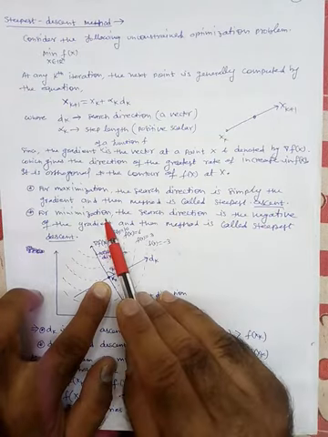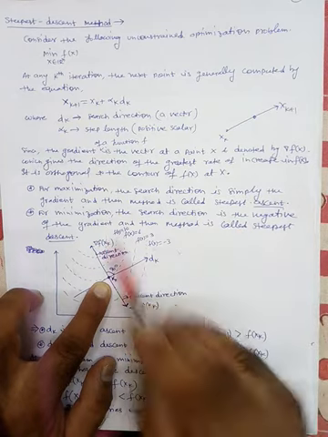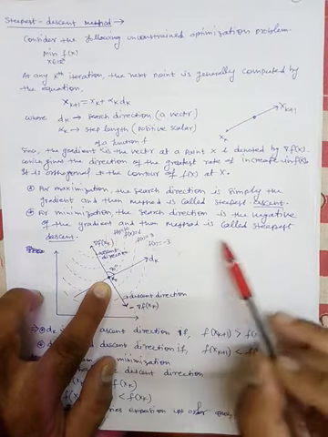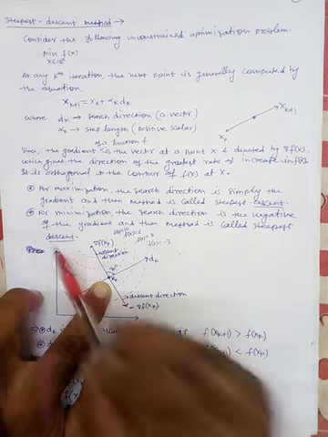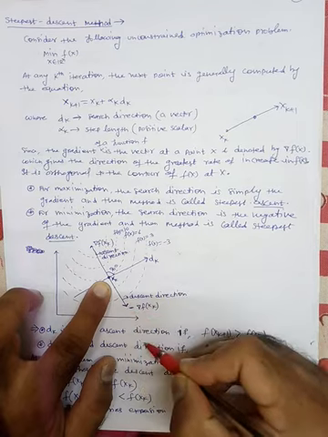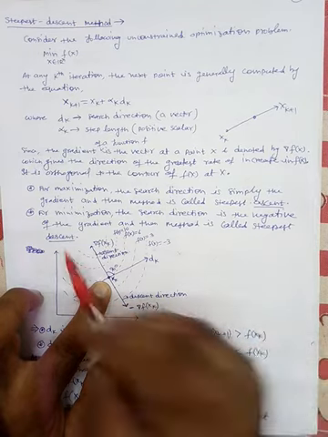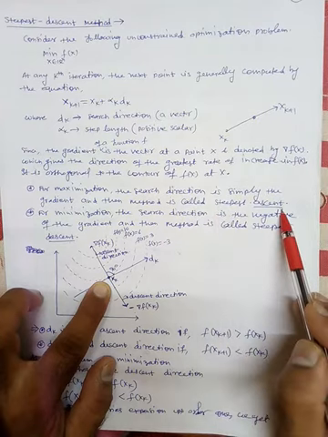Now for minimization, the search direction is the negative of the gradient, that means this direction, and the method is called steepest descent. Here is ascent, here is descent. If you are following this direction, the method is called steepest descent. If you are following this direction, then the method is called steepest ascent.